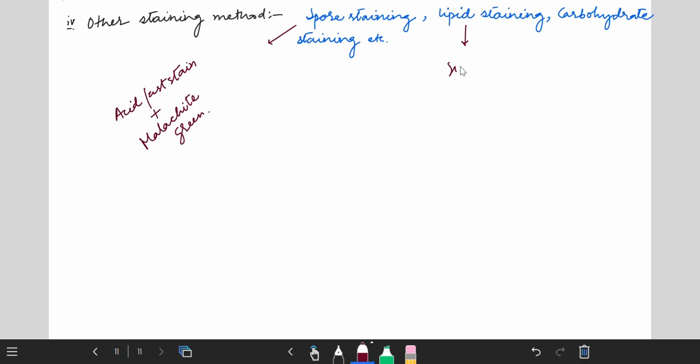Lipid staining can be done by using Sudan black stain. And carbohydrate staining can be done by using iodine stain. So these are the main different types of staining techniques you need to study or understand for microbiology.